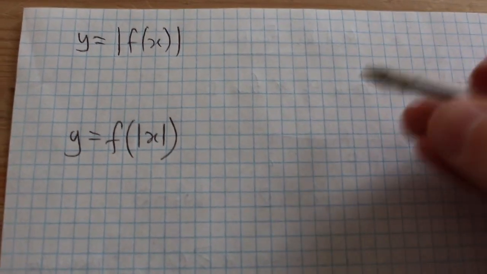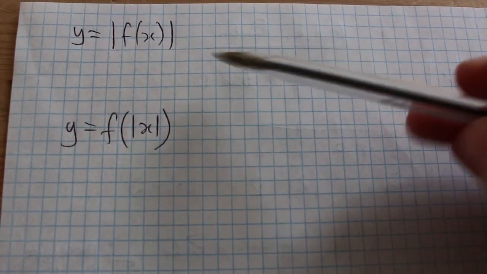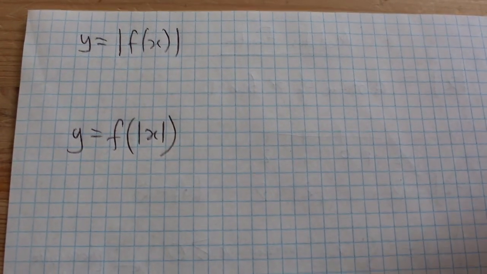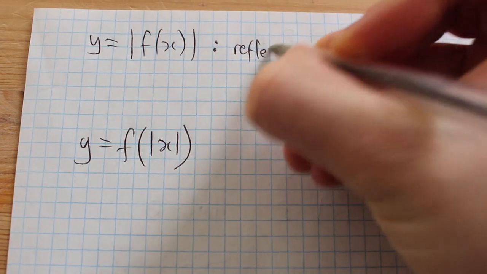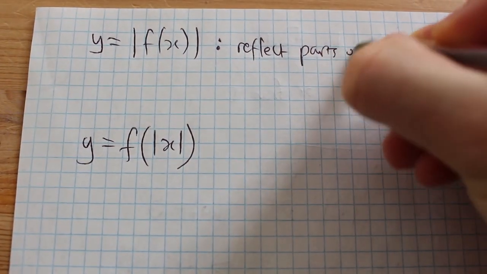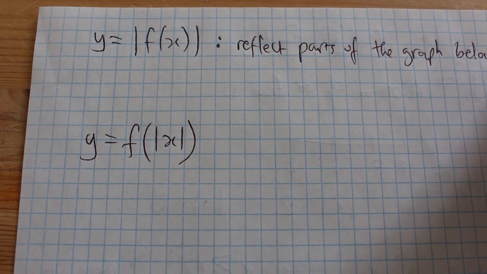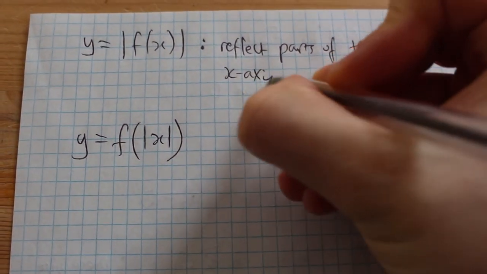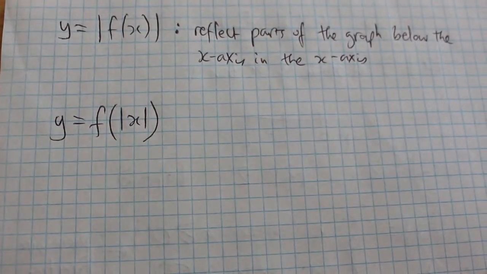But in general, what is it we need to do to draw the graph of this? And the answer is we need to reflect parts of the graph below the x-axis in the x-axis. We'll see an example in just a second.